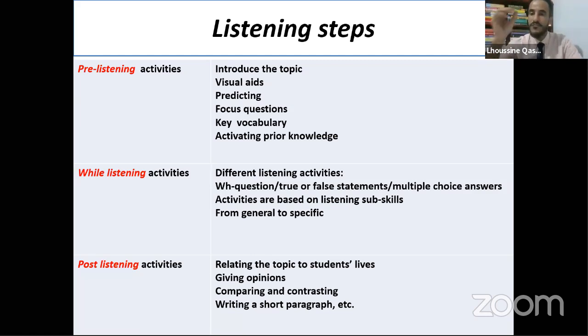So please, in the first listening, the task must be based on recognition. Listen and write T or F. Listen and tick the right answer. Listen and choose the right answer. That's it. Now students become familiar with the text. In the second listening, they can listen and answer the WH questions. Listen and justify. Is it clear so far about the order, about the complexity of the listening tasks?